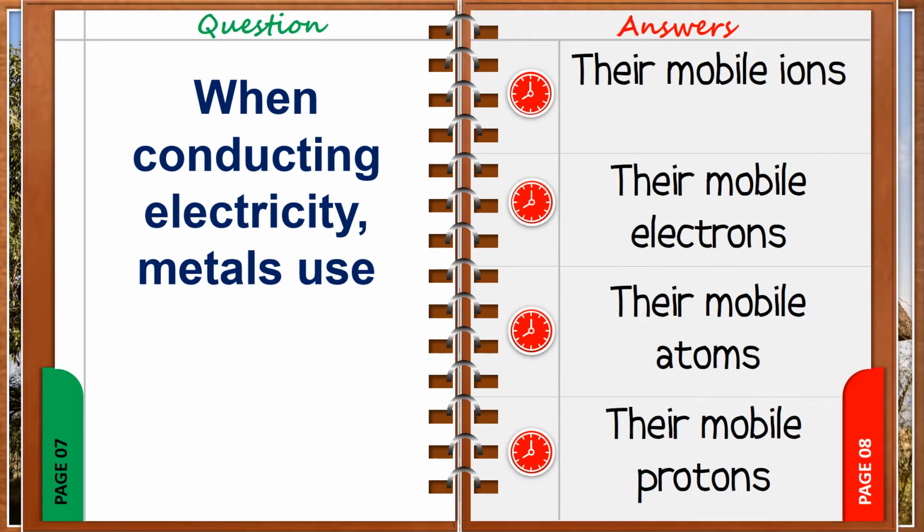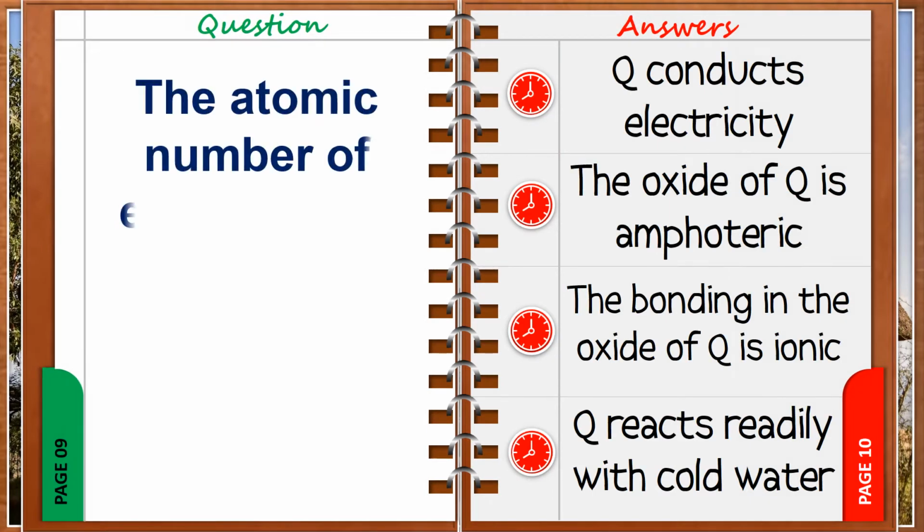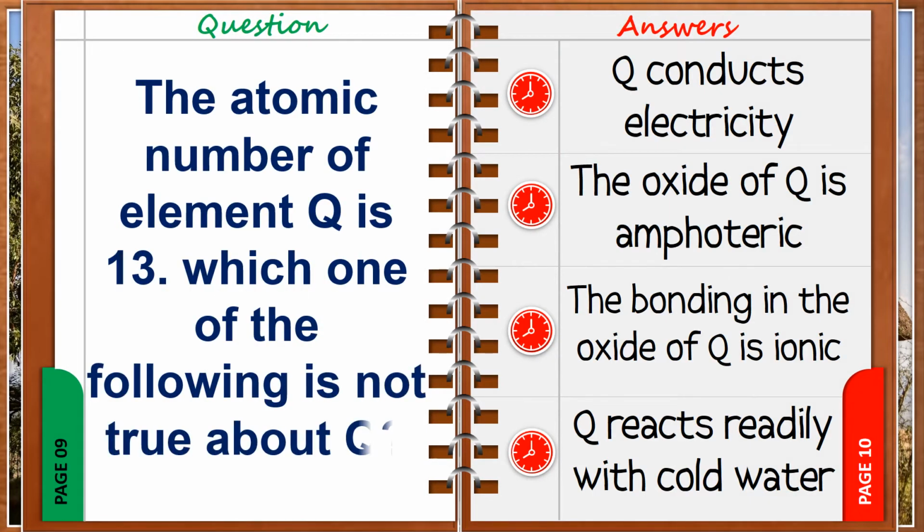When conducting electricity, metals use their mobile electrons. The atomic number of element Z is 13.